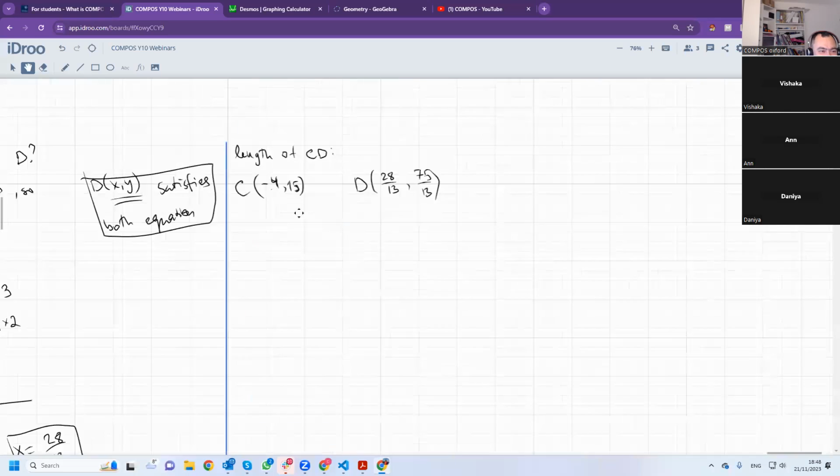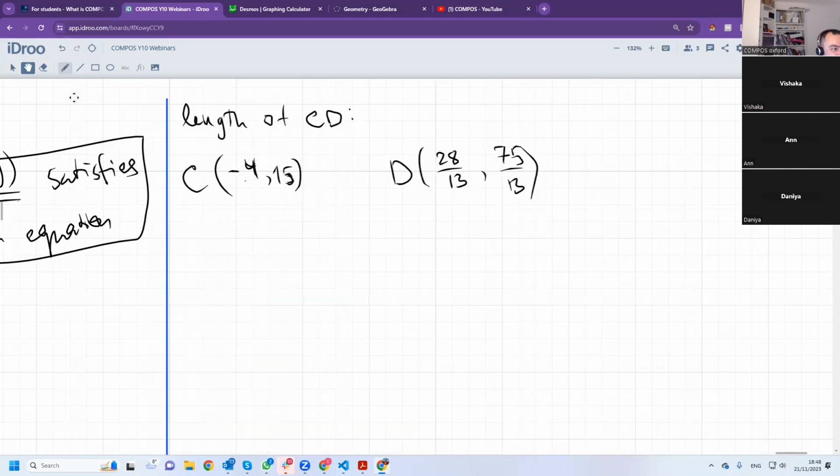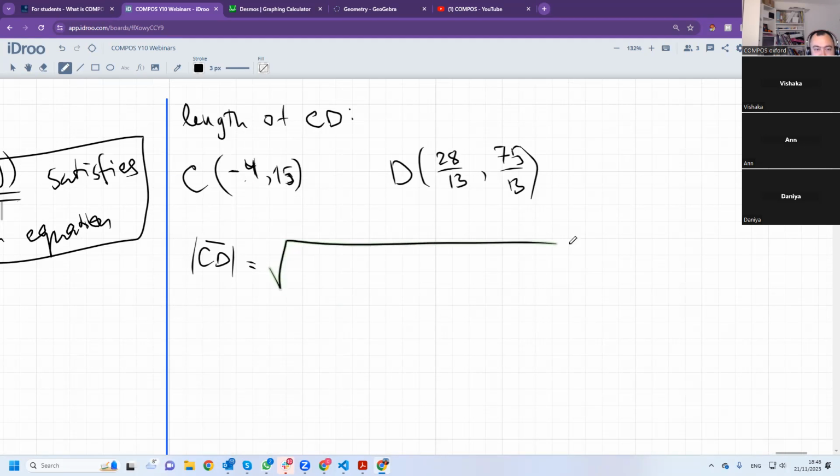So let's very quickly do this. The length of CD is the modulus of CD, sometimes shown as a vector. It's going to be this minus that. So (28/13 plus 4) squared plus (75/13 minus 15) squared.